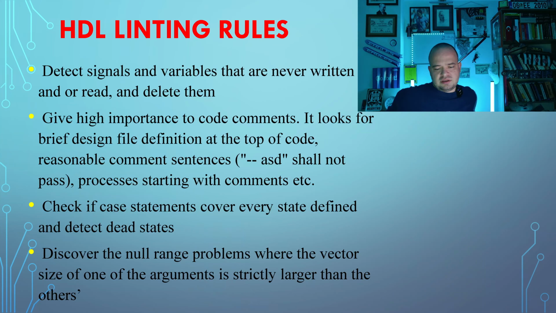You need to be careful about that. By the way, for these linting rules, you do this either manually or automatically. There are some good linting tools, as I mentioned at the beginning, open source or paid ones.